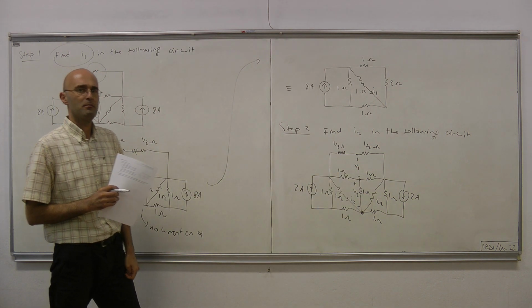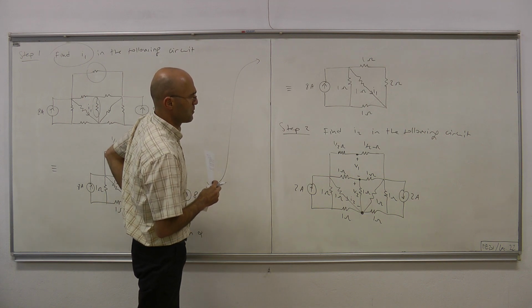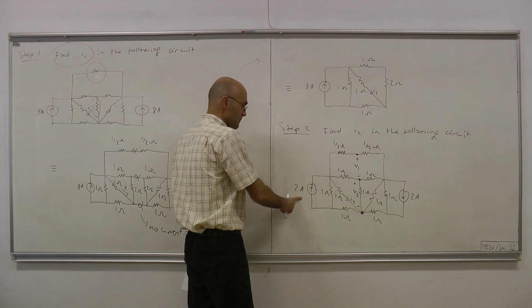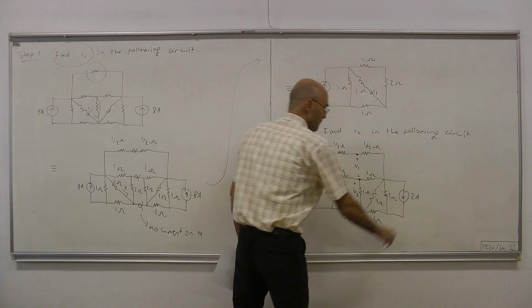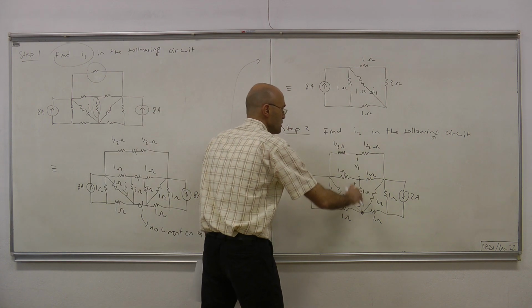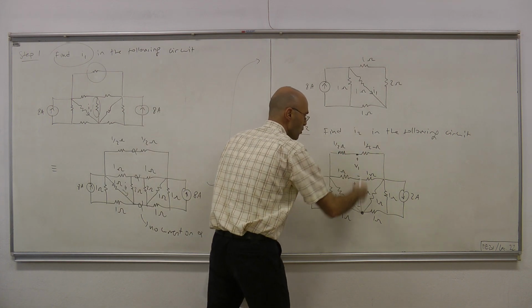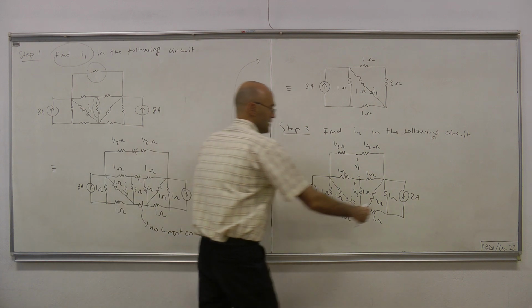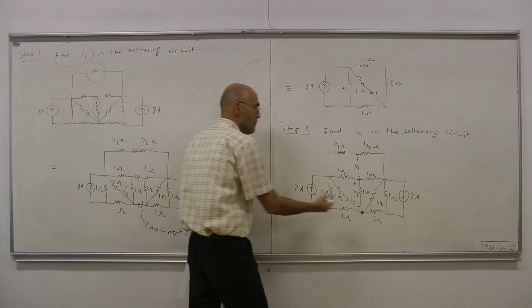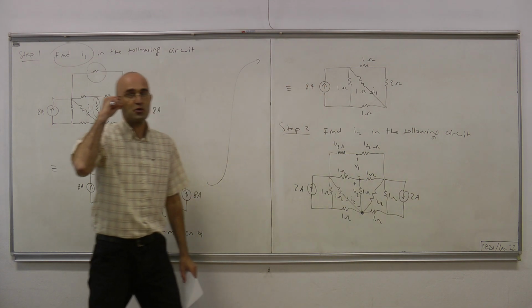There's no voltage difference between those two nodes. Why is that? Because here we have the input vector 2 minus 2, let's say. Okay. And then what we can do is we can rotate the circuit along the vertical axis, and this 2 amp pointing down becomes here, and this 2 amp pointing up goes to the other side.